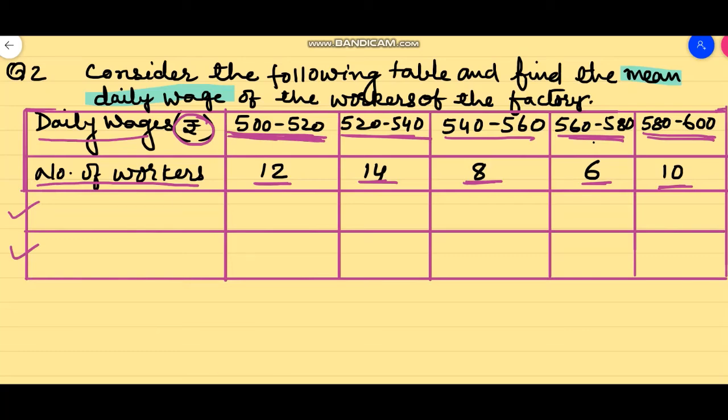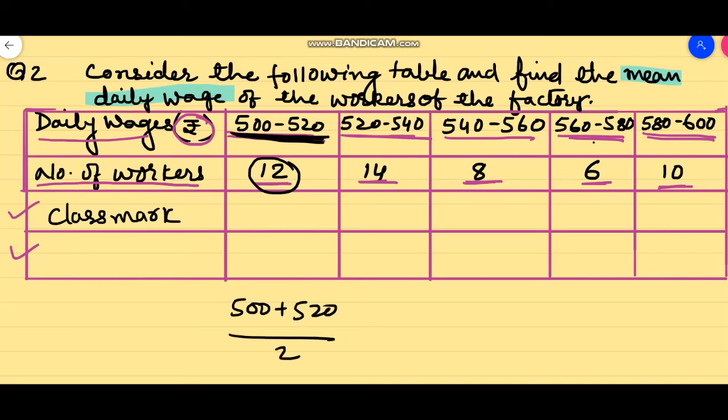Since the number of workers is 12 and the salary is given in the grouped manner, we have to find out the class mark. For 500 and 520, how will you calculate the class mark? It will be 500 plus 520 divided by 2, and that will give you 510.